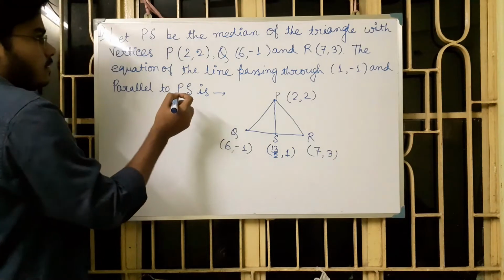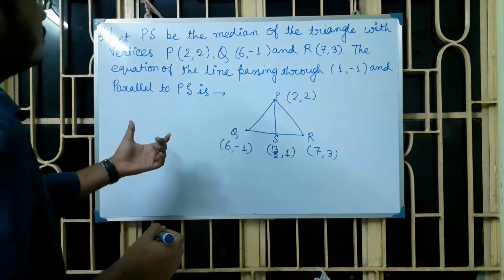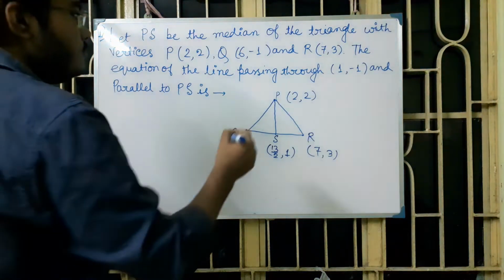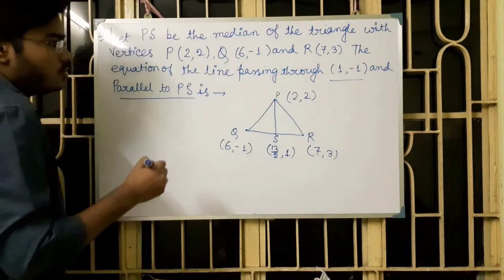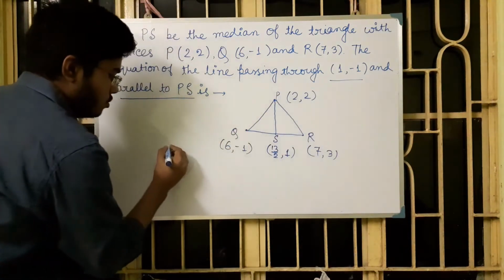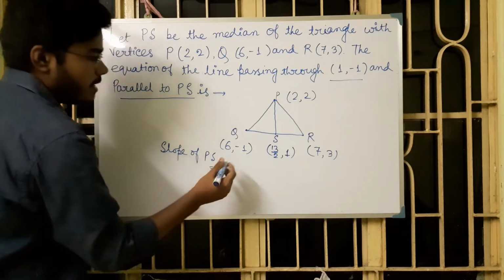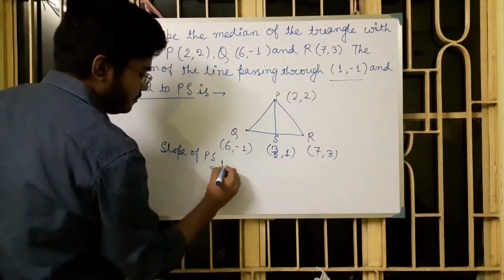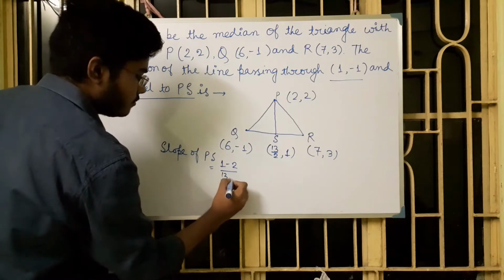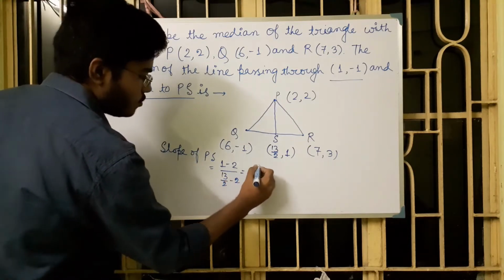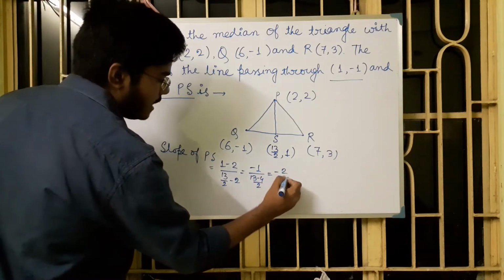As the line is parallel to PS, in this question they are asking the equation of the straight line which passes through (1, -1) and is parallel to PS. So the slope of PS is y2 minus y1 upon x2 minus x1. So -1 upon (13 minus 4) by 2, that means -2 upon 9.